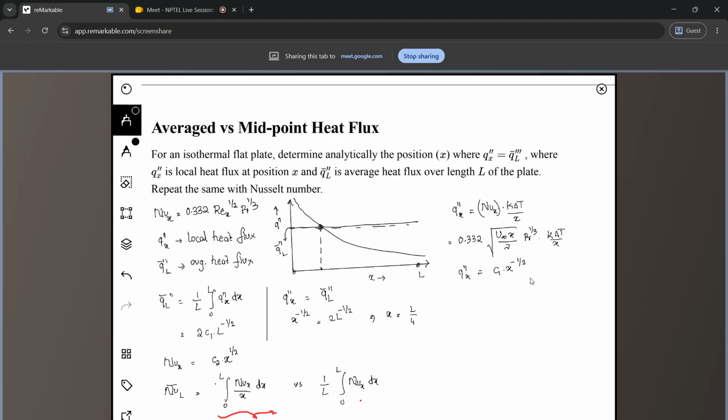The difference is because you first start with the derivation of the mean heat transfer coefficient. The mean Nusselt number is defined as the mean heat transfer coefficient times the length by k. So we have to calculate the mean heat transfer coefficient first, and then from there calculate this, where the mean heat transfer coefficient is given by this definition.